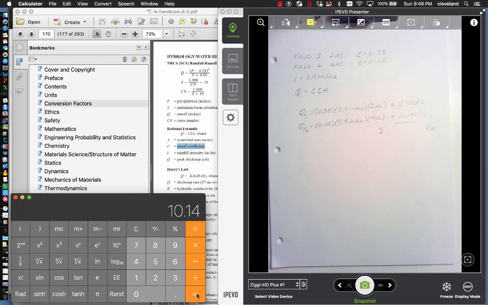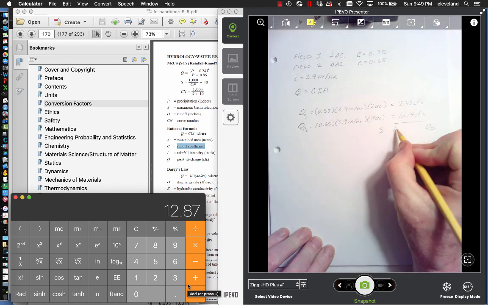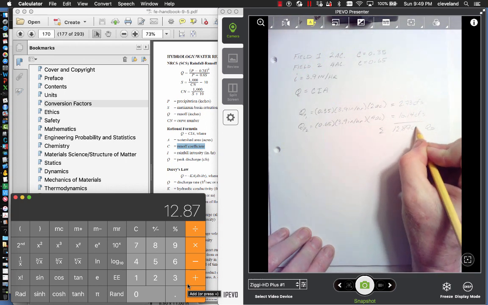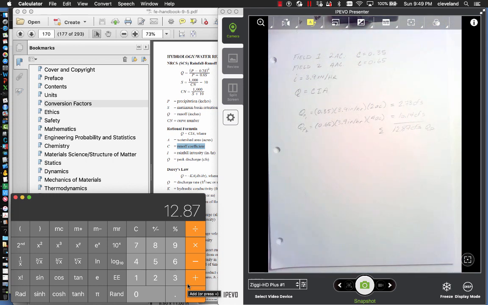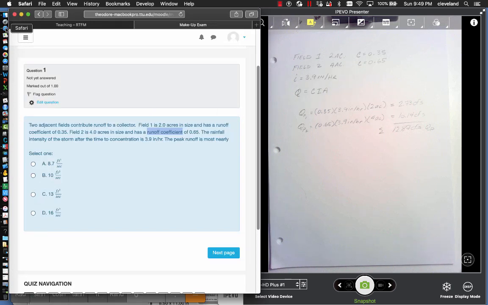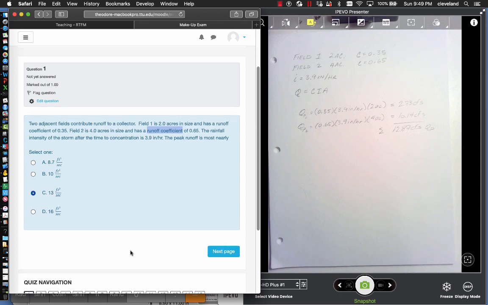If we add those two together, 10.14 plus 2.73 equals 12.87. Let's see what our potential answers are. The closest, without going over, is 13 cubic feet per second. So we'll go ahead and choose that and continue.